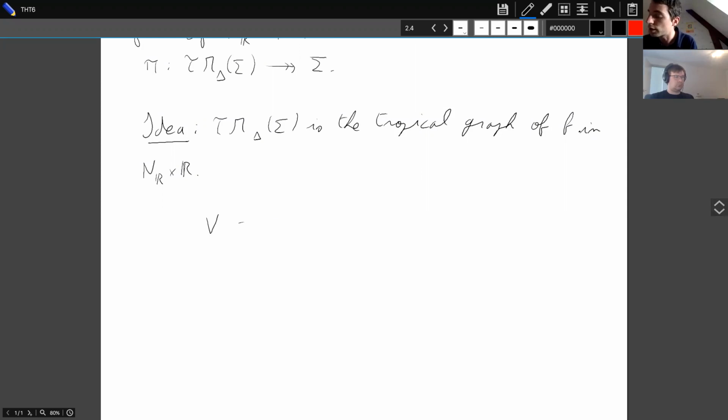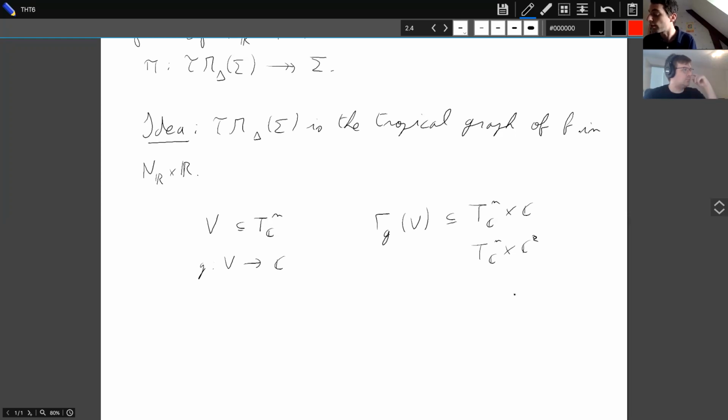If you have V, which is in the complex torus, and you take a function f on V from C star to C, you have the graph of f, maybe I should call it G. You have the graph, which lives in the torus times C, but you can also restrict it to C star.